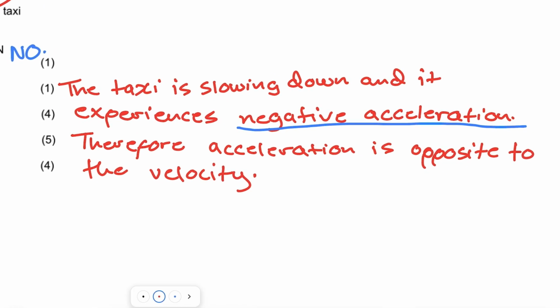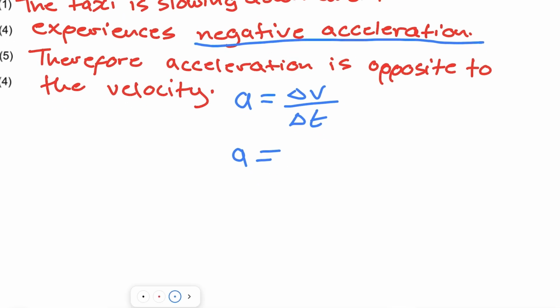we can show that the taxi experiences negative acceleration by saying a is equal to change in v over change in time. Our change in time is going to be 2 seconds. So acceleration is going to be equal to change in v, meaning final velocity minus initial velocity.